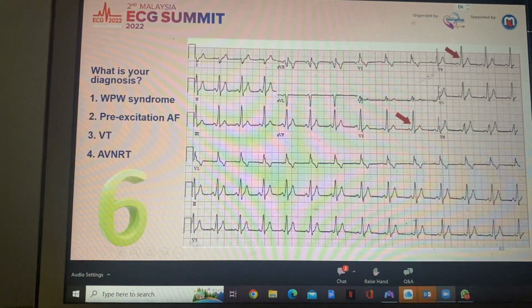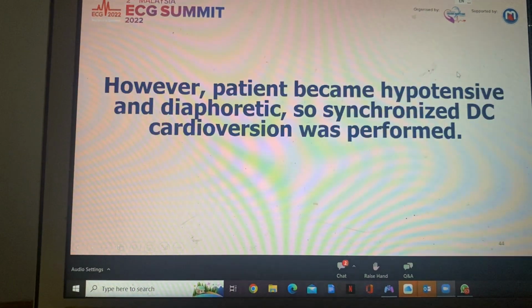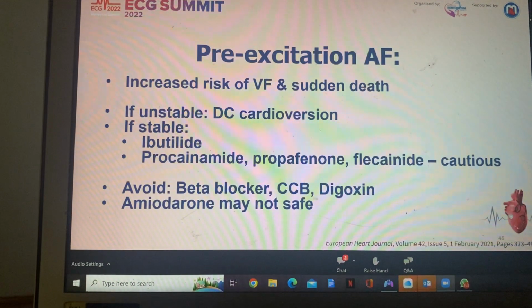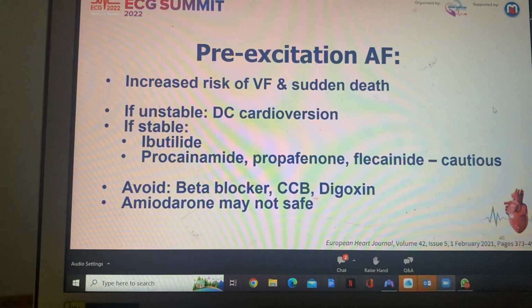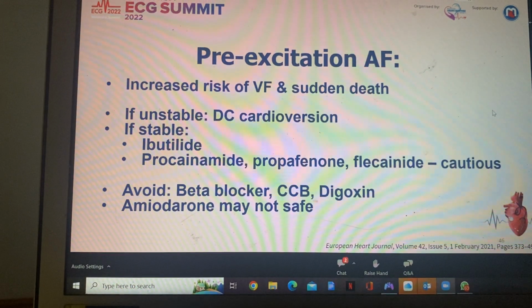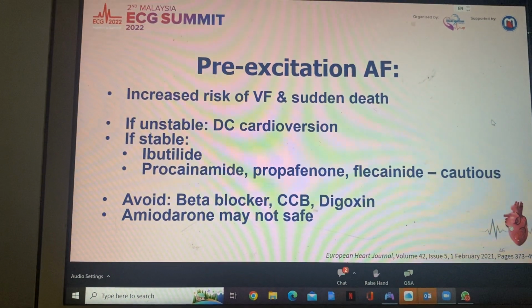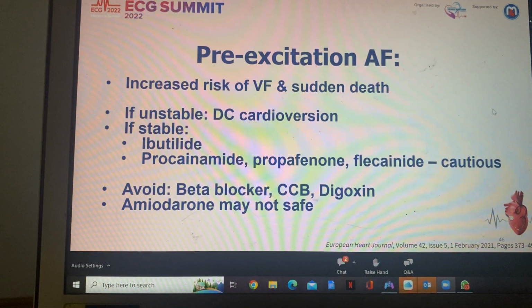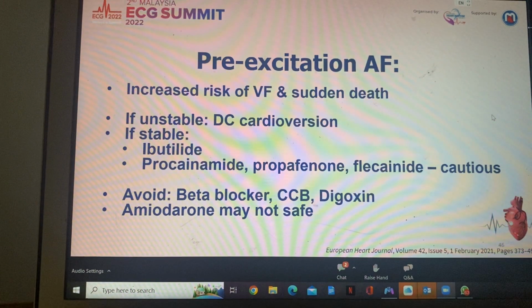If you can see this delta wave here, and if you notice, just now the ECG was actually irregular. So the answer is pre-excitation AF. This kind of patient is very tough to manage. For one thing, if unstable, cardioversion is very straightforward.